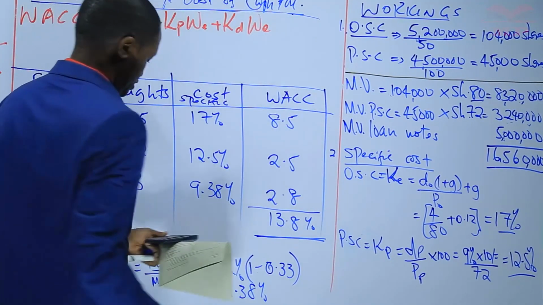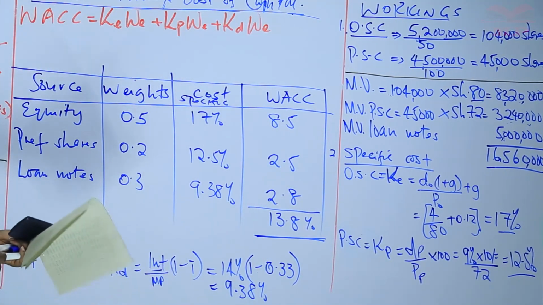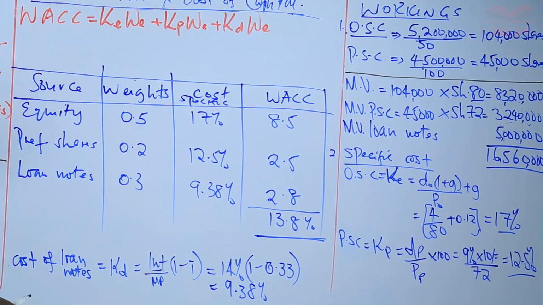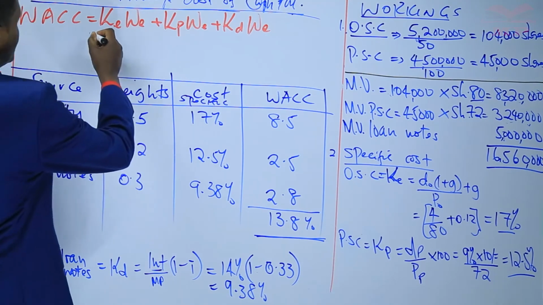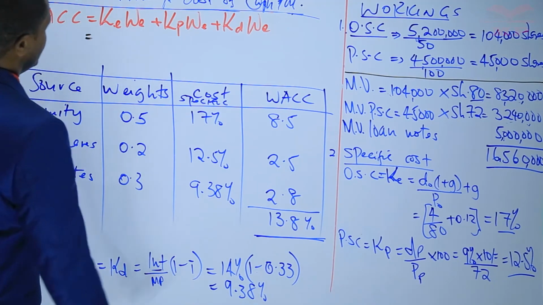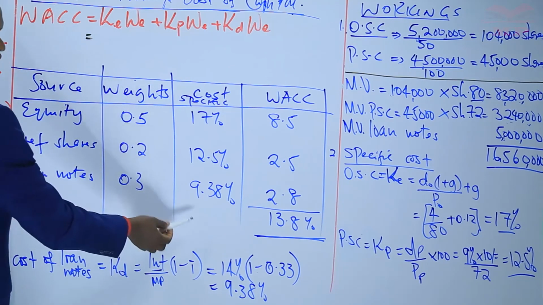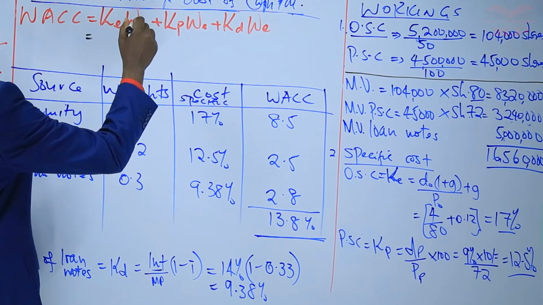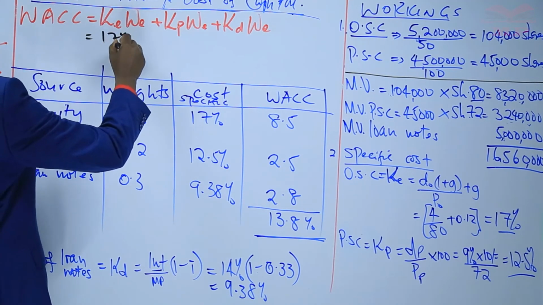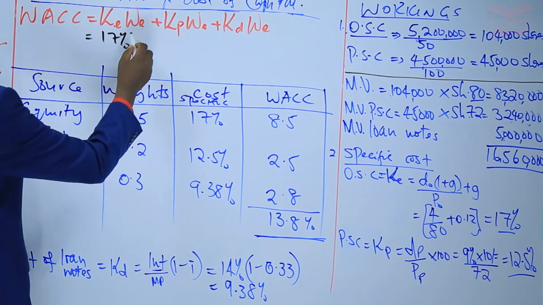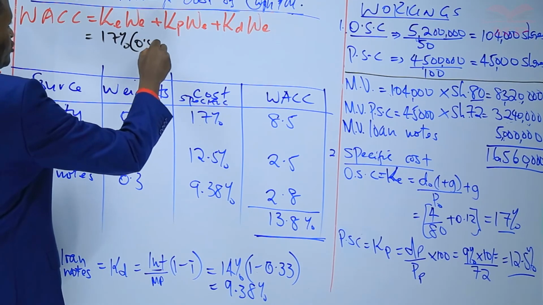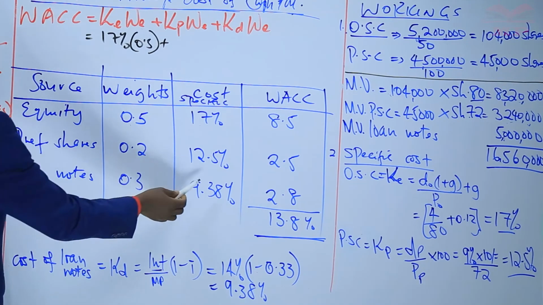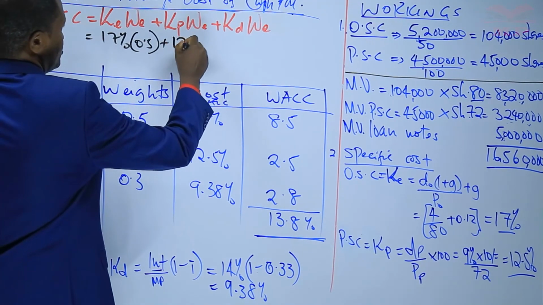Weighted average cost of capital. Candidates, alternatively, instead of using the table, you can just use this formula. KE, we have calculated it, is 17%. The weight is 0.5, plus KP, the cost of preference shares, is 12.5%.